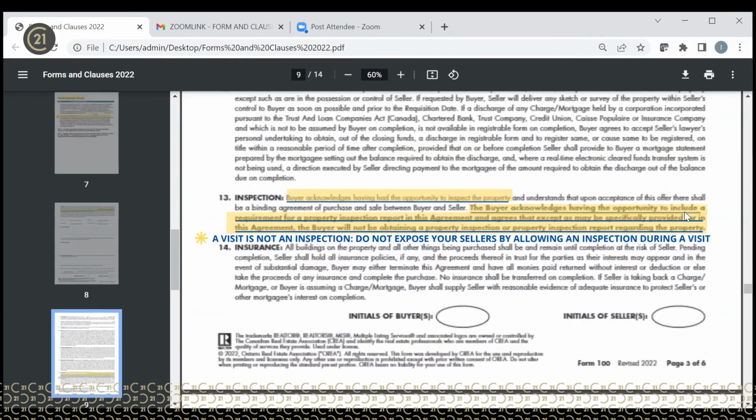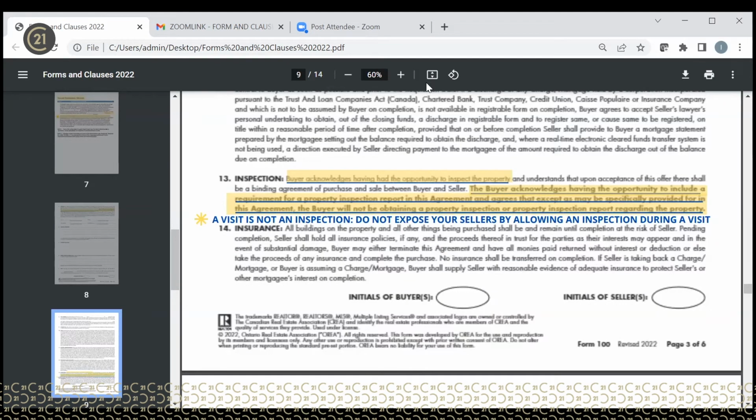And what's our next one? Down here, inspection. This one's caused some grief. The buyer acknowledges having had the opportunity to inspect the property. We've just gone through a whole very hot market where inspections were not being performed.